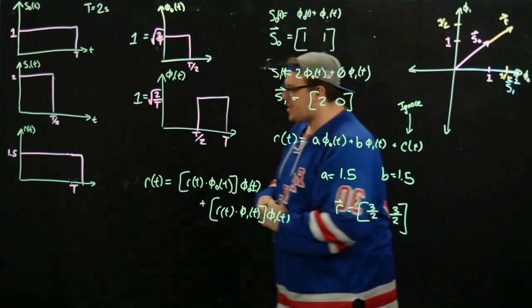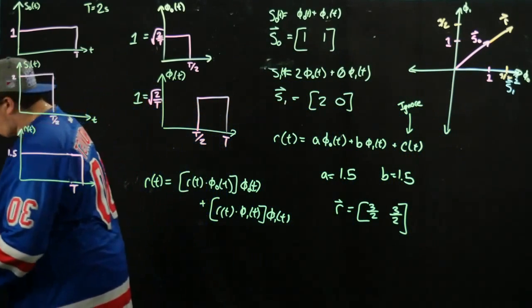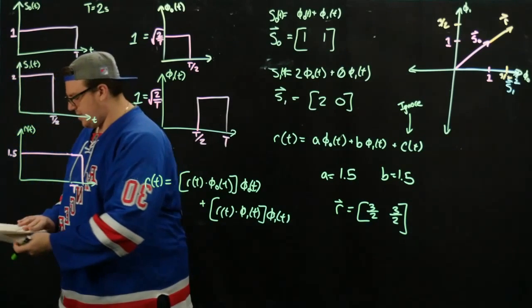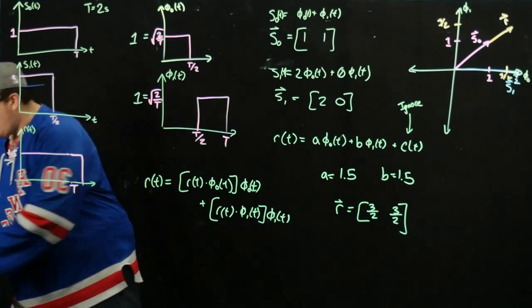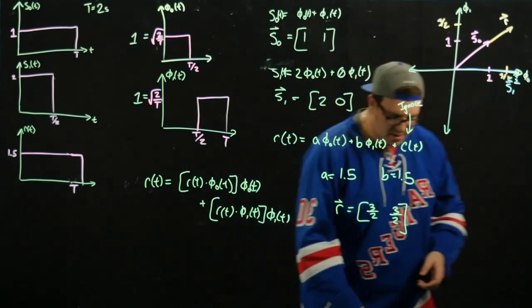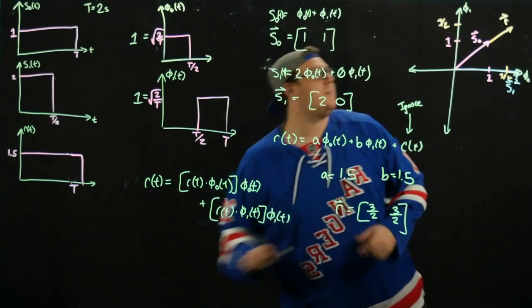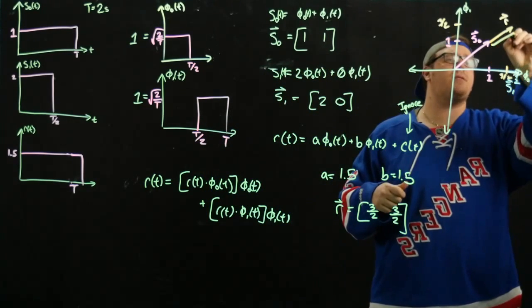So now we can talk about which signal is closest. So the distance vectors here are, well, this is the first distance vector.